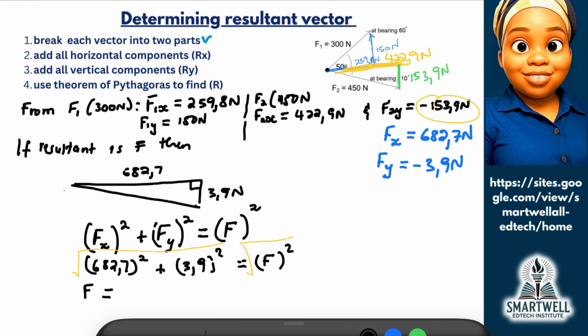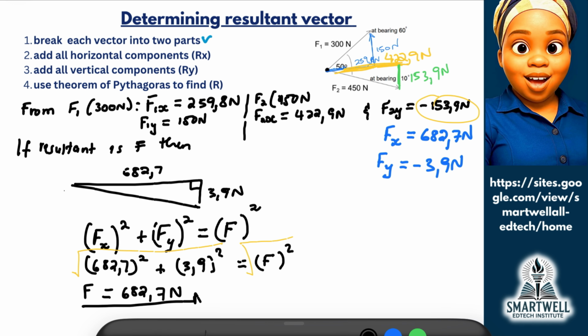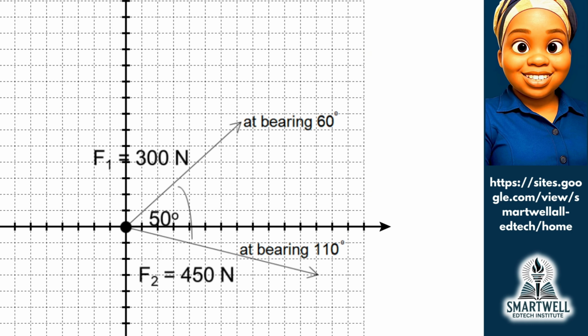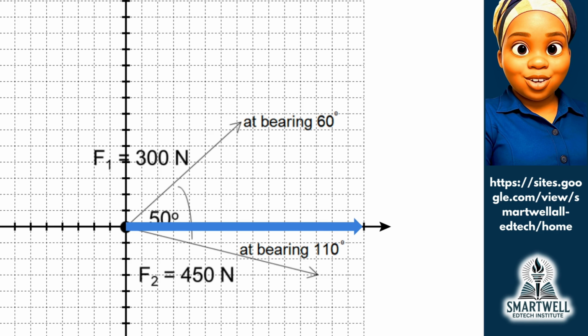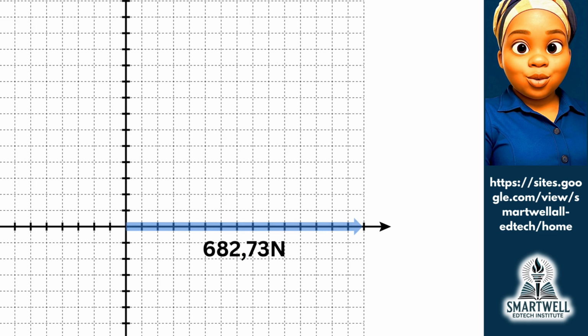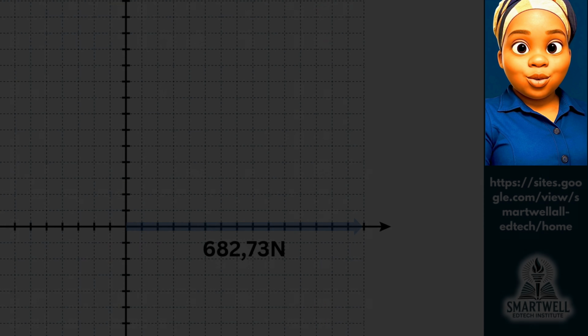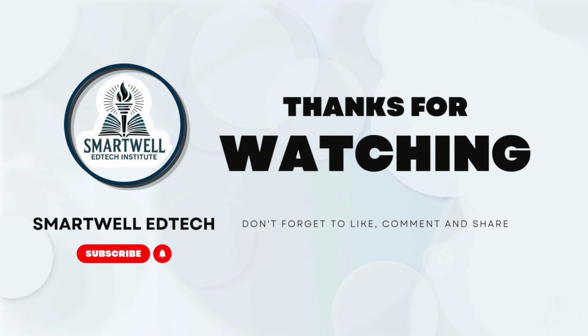This gives us F is equal to 682.68 newtons. Our resultant is equal to our Fx, which means our resultant lies along the x-axis. If we draw it in the diagram, it will look something like this. We will continue this tutorial in the next video.